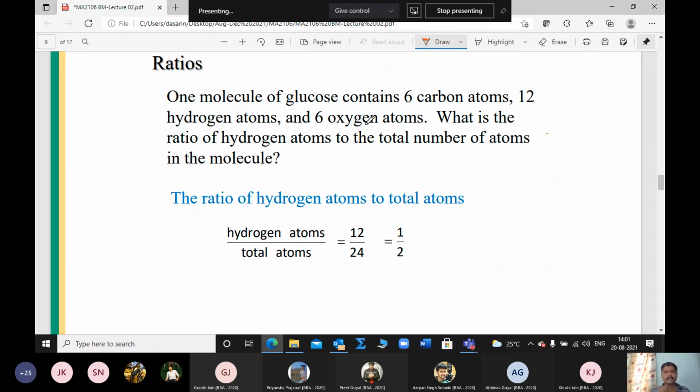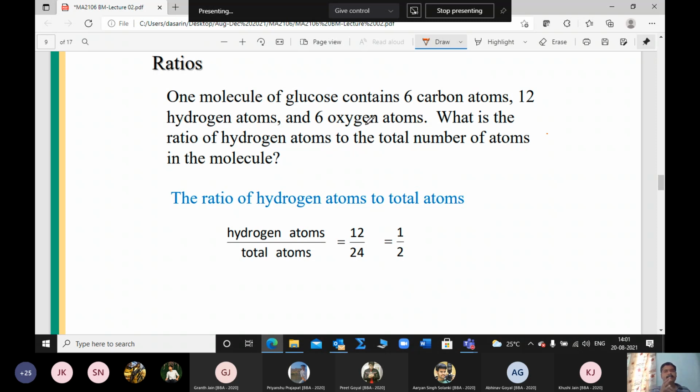So this is the data that we have. So what is it that we wanted to calculate here? What is the ratio of the hydrogen atoms to the total number of atoms in that molecule?